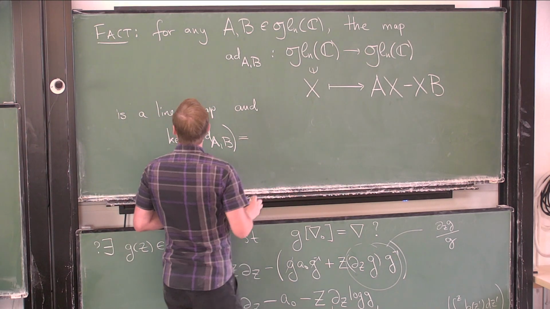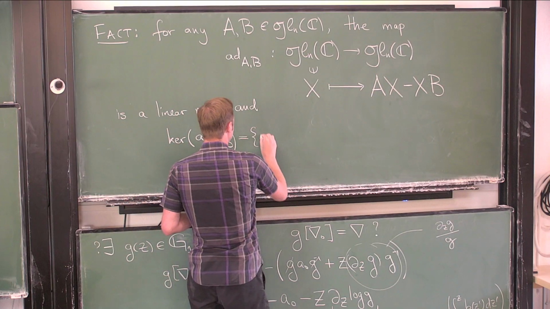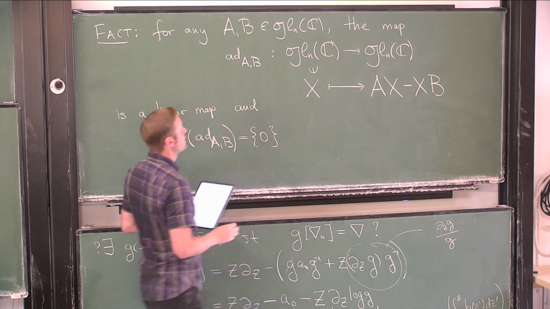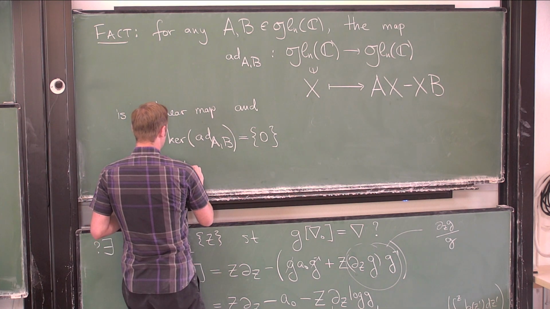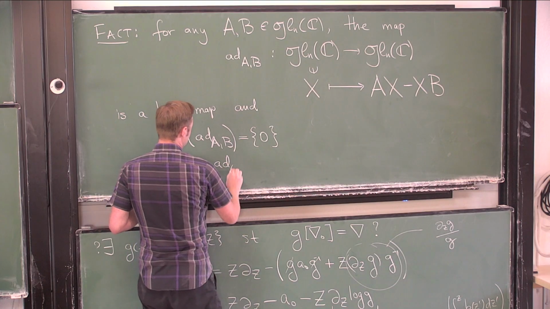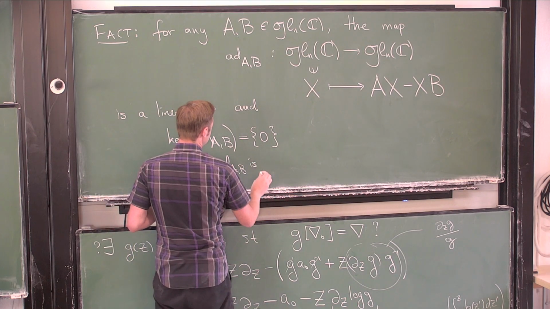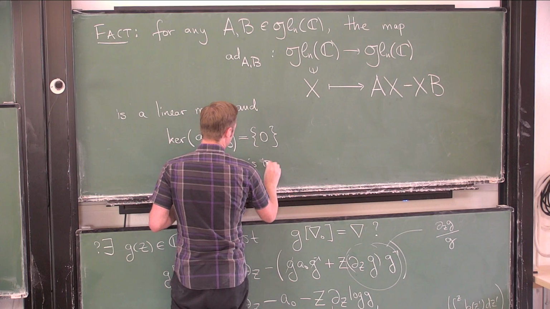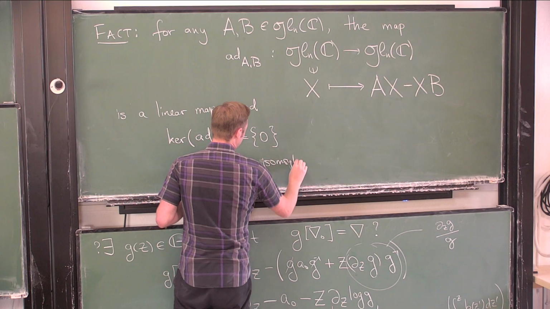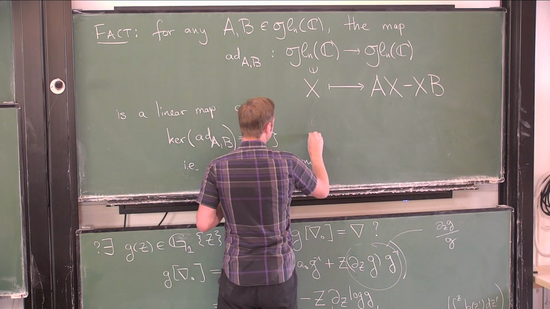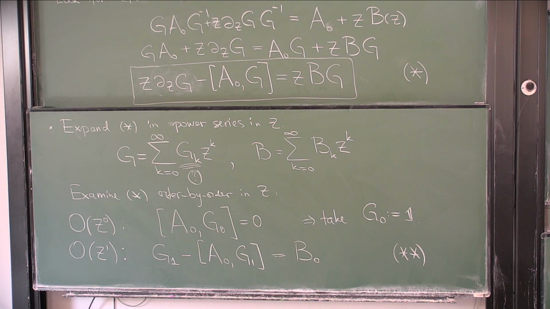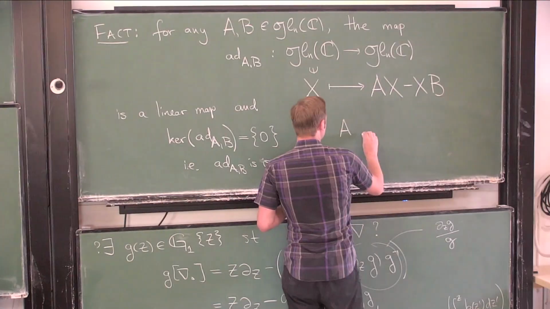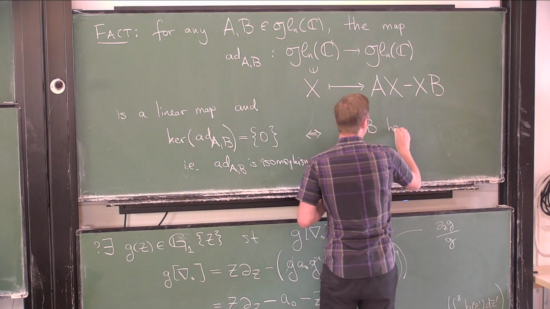The statement is that the kernel is trivial, meaning that this map is an isomorphism, i.e. ad_{A,B} is an isomorphism, if and only if a condition holds on the eigenvalues of the matrices A and B: the two matrices A and B have no eigenvalues in common.